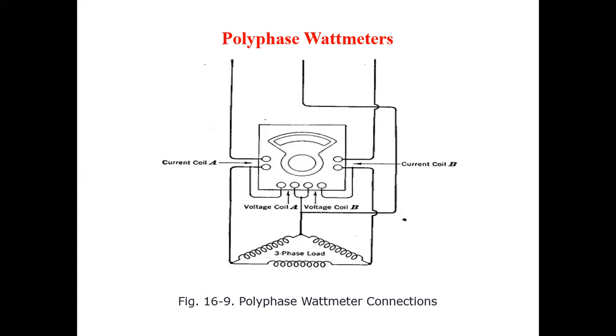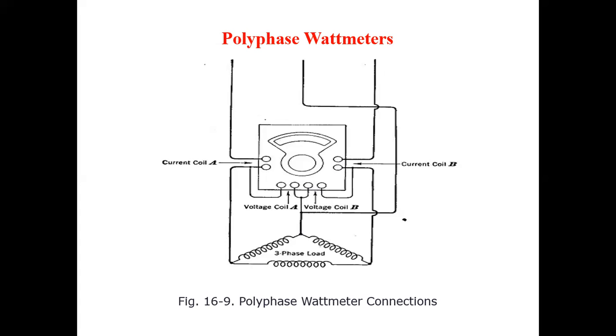Then the points M, L, V, C, B, C. This is your B and this is your C, and the connection points of the wattmeter L and C will be shorted, and V will be connected to each other, and this will be connected to the third phase.